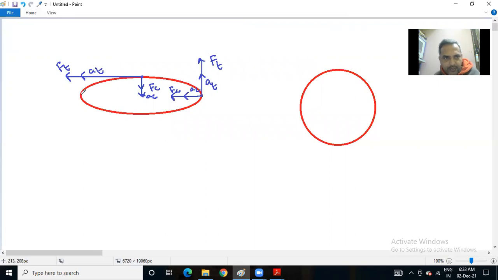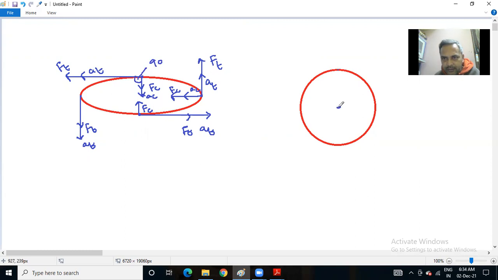So when the particle comes here, this is the direction of AT and this is the direction of FT. When the particle is here, this is the direction of AT and FT. So wherever the particle might be, the centripetal force and the tangential force are perpendicular to each other. So the angle between them is 90. This is in the horizontal plane when the particle moves.